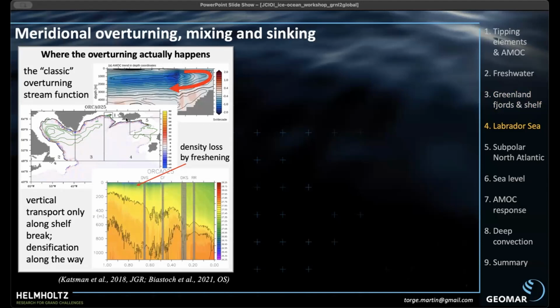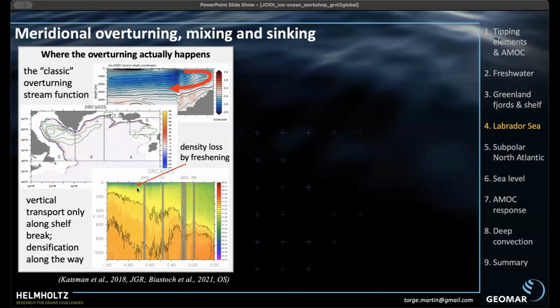And the vertical motion, this is nicely summarized by Caroline Katzmann from Delft University, is really happening along the boundary. So again, it's the boundaries that we need to take care of and that we need to understand better. And while the water is circulating along the Greenland shelf and around the Labrador Sea, it is densifying.